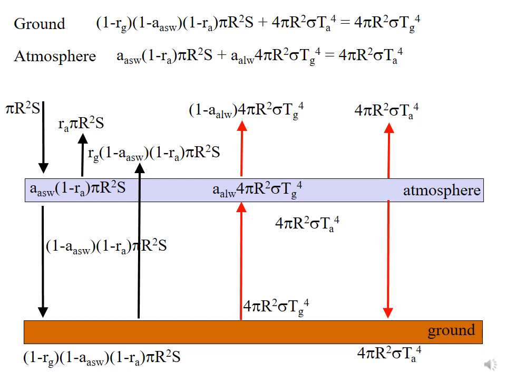And we can do the same thing for the atmosphere. We have two streams of radiation which are absorbed by the atmosphere: a shortwave stream and a longwave stream.